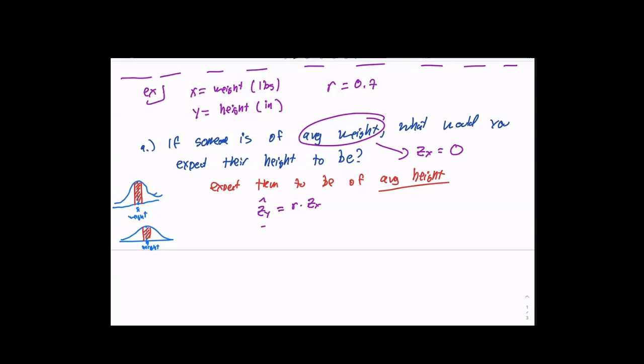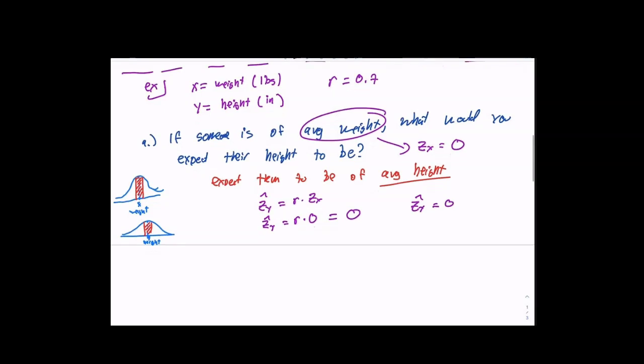So if I do that, I get predicted value equals r times 0. I didn't even throw in the correlation value, but any number, 0.7 times 0, is 0. So I would expect them to be 0 standard deviations away from mean weight.